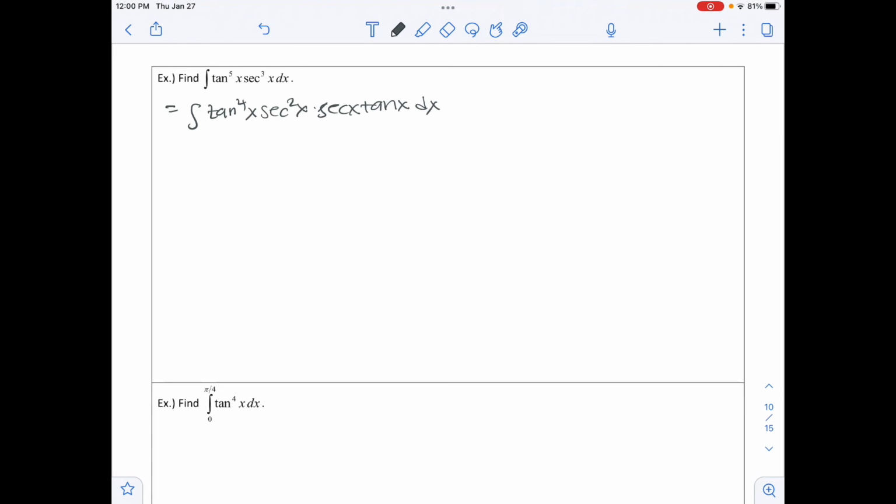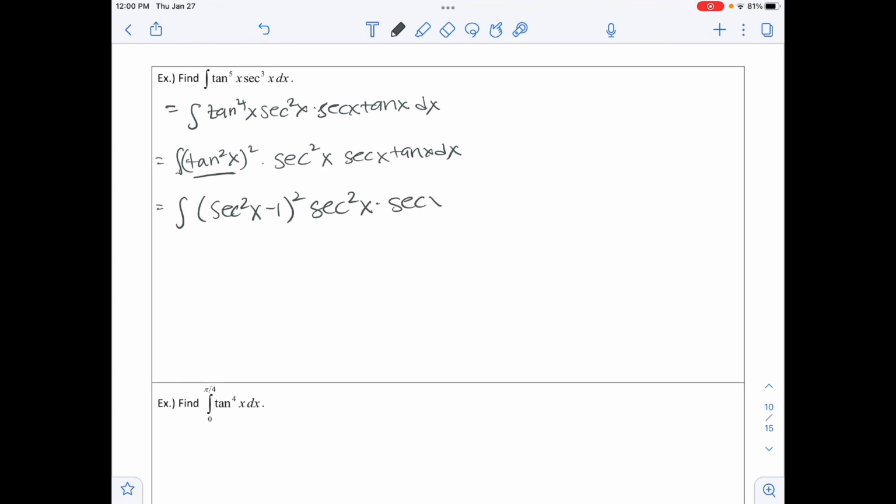I can then rewrite my tangent to the 4th x as tangent squared x, squared, times secant squared x times secant x tangent x dx. And then tangent squared x using the Pythagorean identity is the same thing as secant squared x minus 1, squared, times secant squared x times secant x tangent x dx.